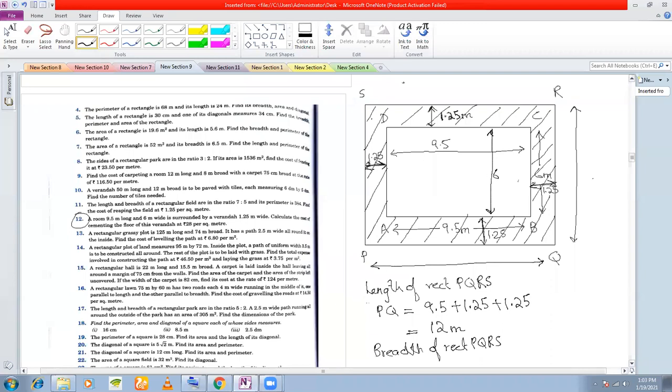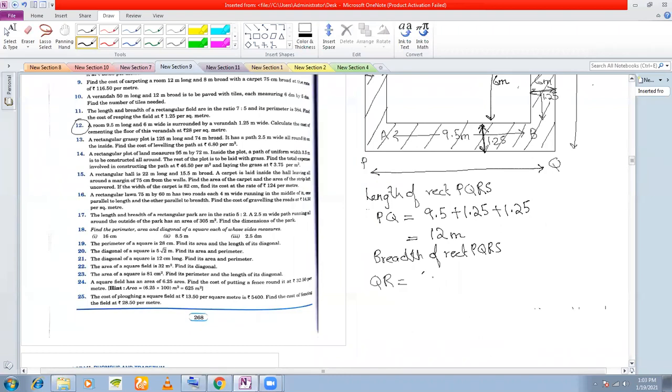How much is this length? 6 meters, the breadth of the room, plus this width here, which is 1.25, and this width here, which is also 1.25. So this is 6 plus 1.25 plus 1.25, which is 6 plus 2.5, comes to 8.5 meters. This is the breadth of your rectangle PQRS.